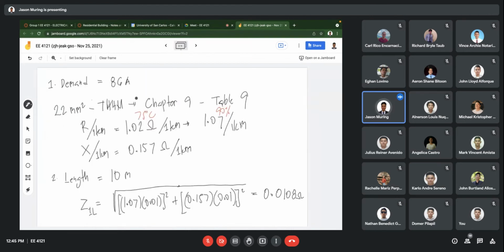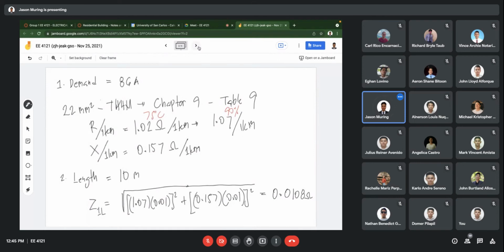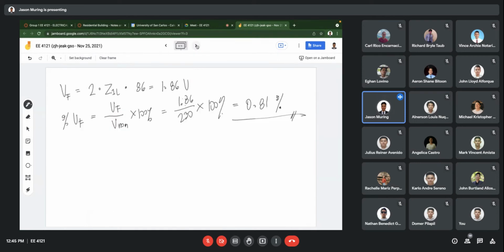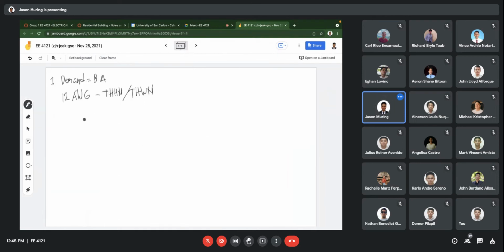Okay, so we pattern our calculation here, para pare-pareha lang. Then again, we go to chapter 9 and obtain the value of its resistance per kilometer and reactance per kilometer.